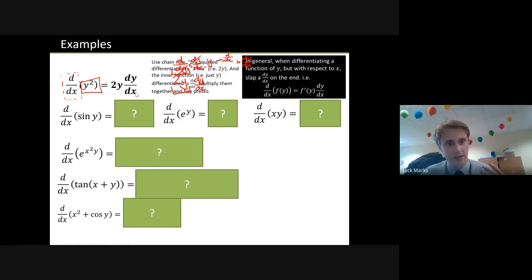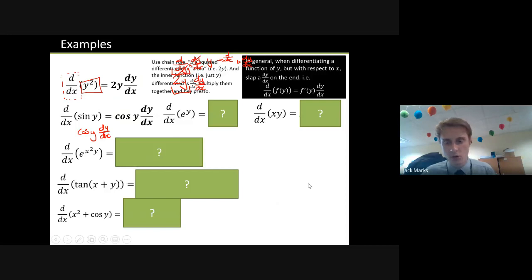If you like, you can think of it as differentiate the thing as you want and put a dy dx on the end, okay? That way of viewing things tends to work pretty well, in all honesty. So sine y, differentiate it exactly as you want to. You want to say cos y. That's fine, but because it was y and you were differentiating with respect to x, you should put a dy dx on the end, okay?